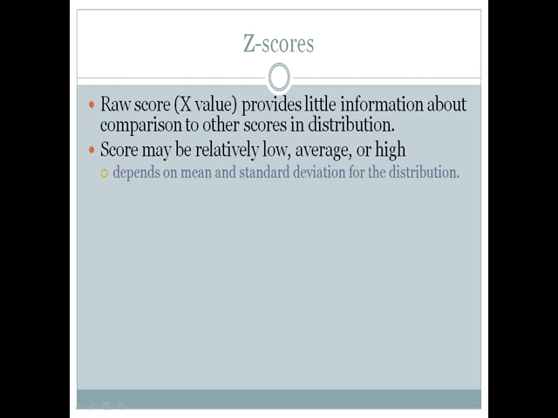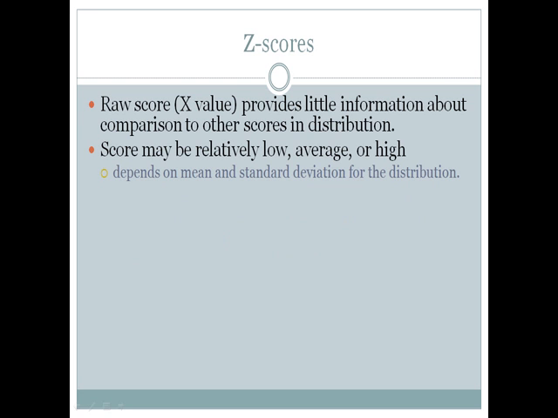So like I was saying earlier, the raw score, or the X value, stands for score, provides little information comparing a score to other scores in a distribution. For example, if I told you that someone scored a 53 on an exam, without giving you any other information, a score of 53 could be a relatively low score, it could be average, or it could be high.